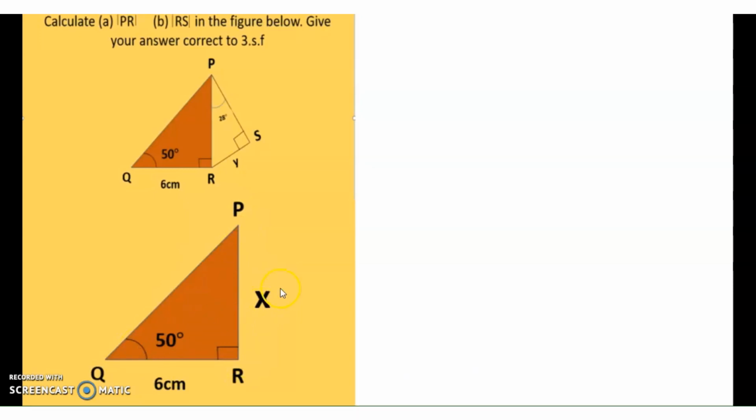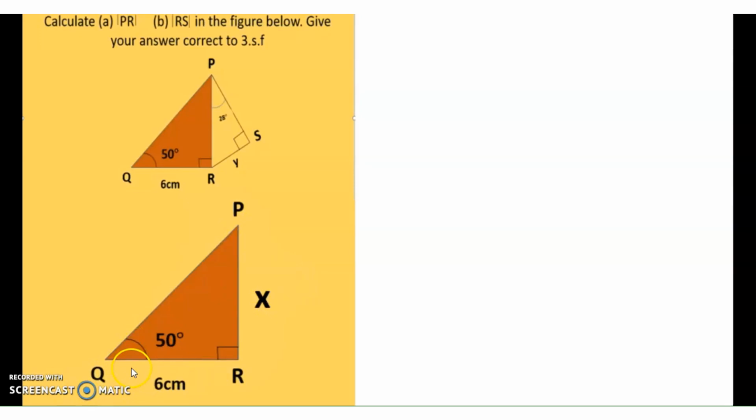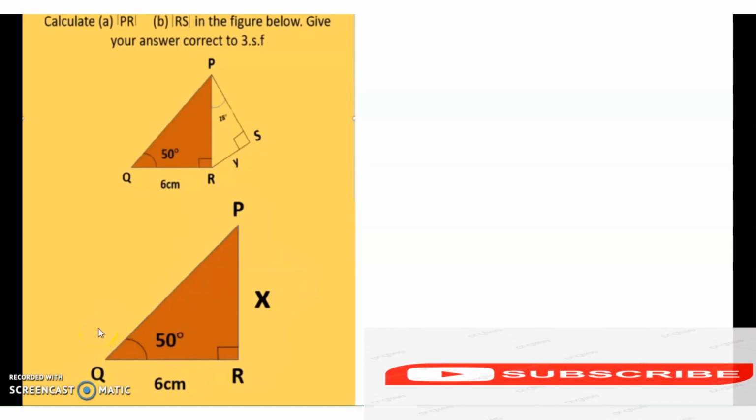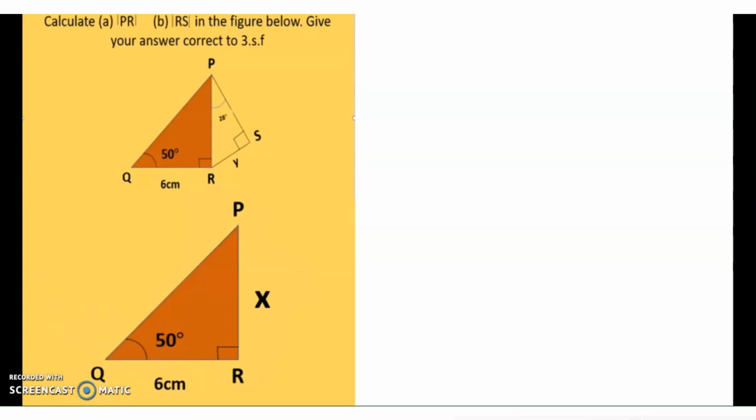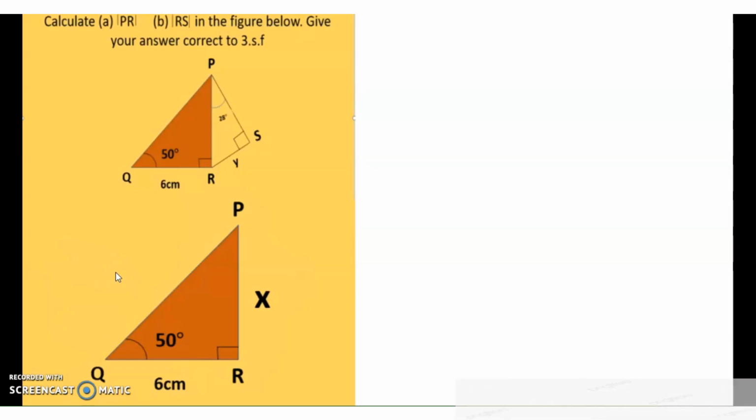So after you have labeled the side you are looking for X, the next thing we are going to do is to fix in our parameters. Where is our opposite? Where is our adjacent? Where is our hypotenuse?